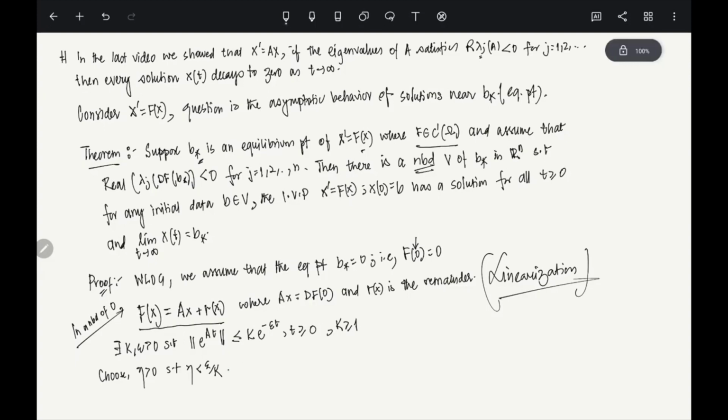And you see that R is there, right? What is the property of R?